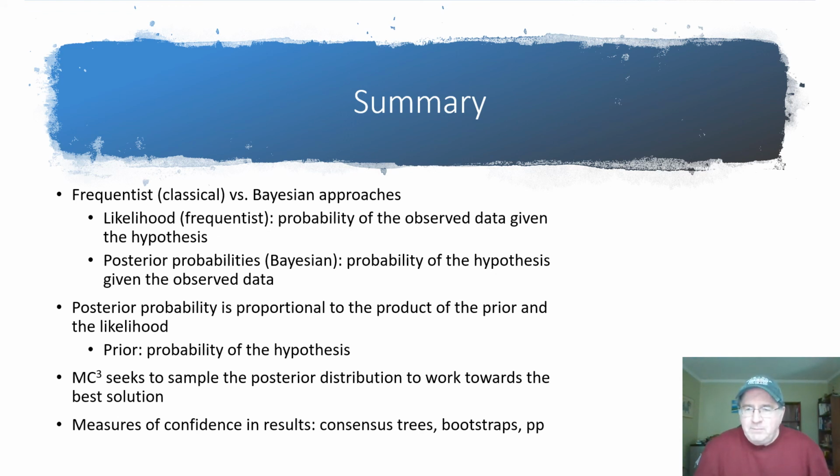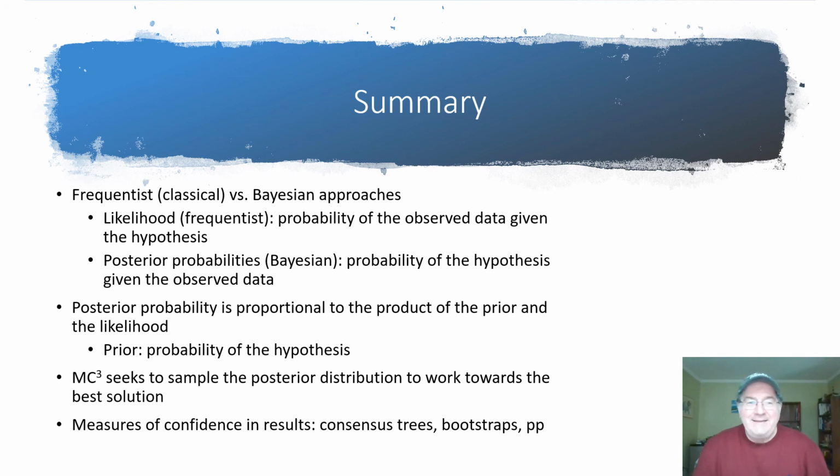The posterior probabilities, which are the measuring stick of your hypothesis, these are proportional to the product of the prior, which you have to specify in advance, and the likelihood, which is calculated from the data at hand against the hypothesis. The metropolis coupled Markov chain Monte Carlo process.